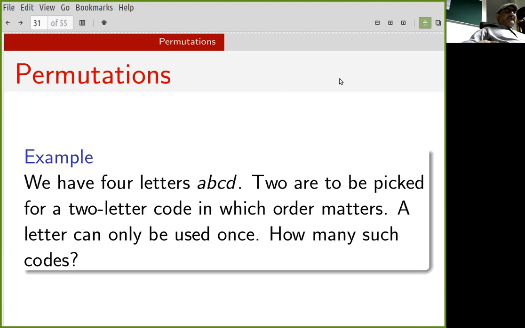So there are 4 times 3 ways of doing this 2-letter code. If I want to write it in terms of factorials, that would be 4 factorial divided by 2 factorial. That's also 4 times 3.